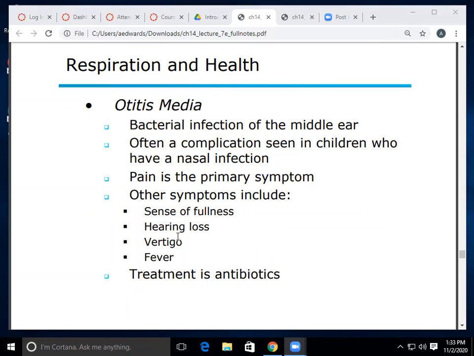You may also see a sense of fullness, loss of hearing, vertigo, kind of having balance issues, fever. And because it's a bacterial infection, you can treat it with antibiotics, okay? Remember, antibiotics work against bacteria, not against viruses.